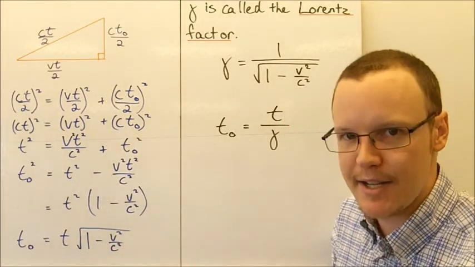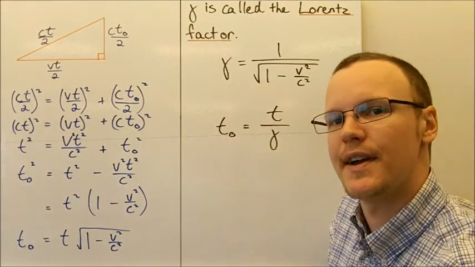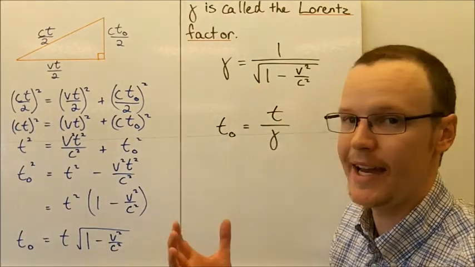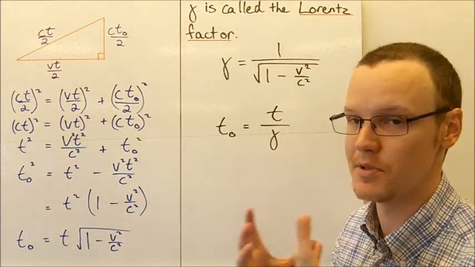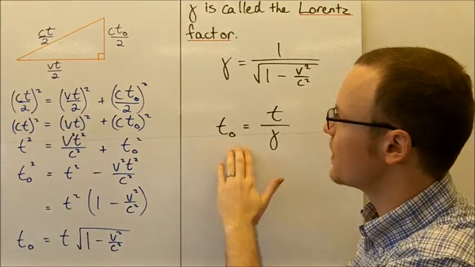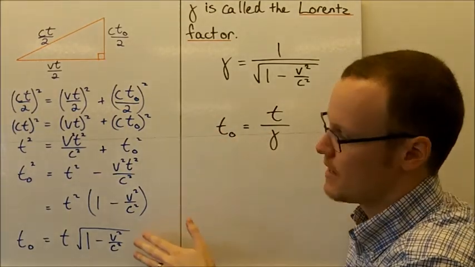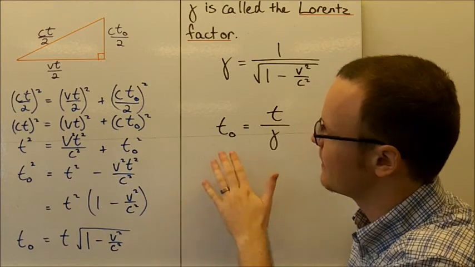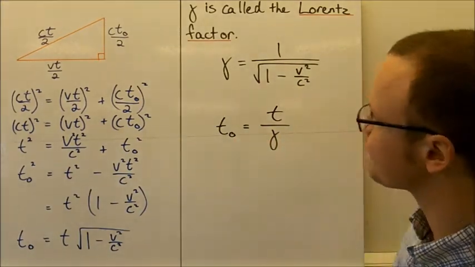There are other aspects of special relativity that use this Lorentz factor to compare what two observers will observe. So for a very simple relationship between t0 and t, we see that t0 is equal to t divided by the Lorentz factor gamma.